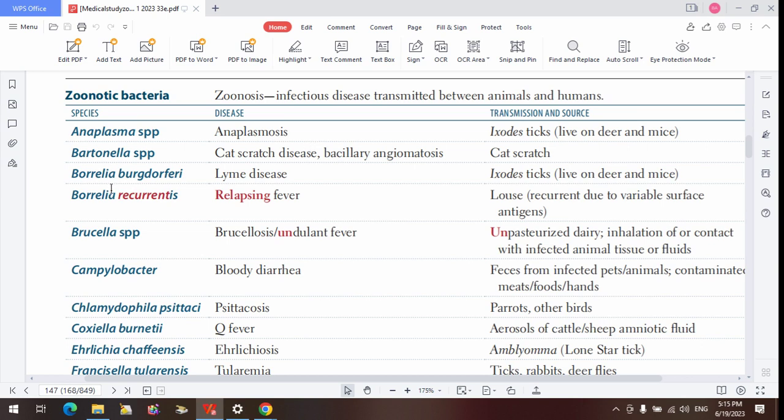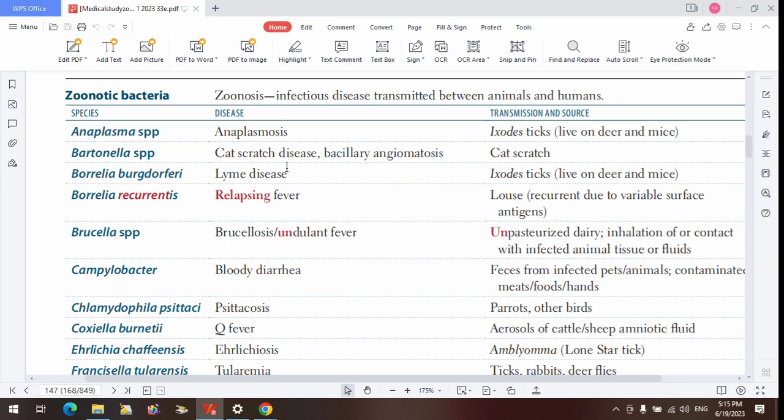So Bartonella species, another one. We've seen a question on this before. Two things that it can cause: cat scratch disease and bacillary angiomatosis. Cat scratch disease is when someone has exposure to an animal, maybe a dog or a cat, but most commonly a cat.